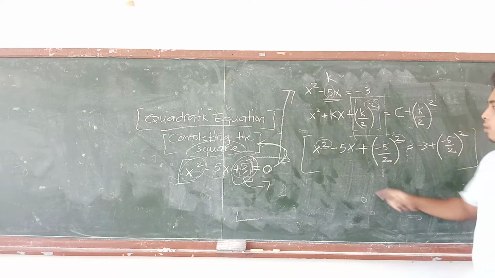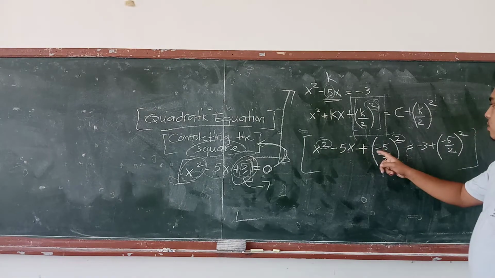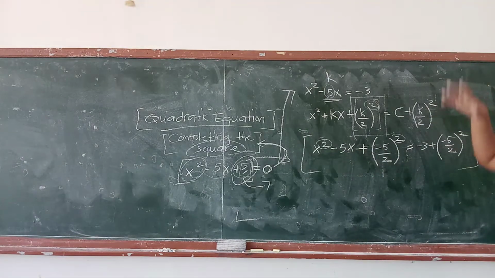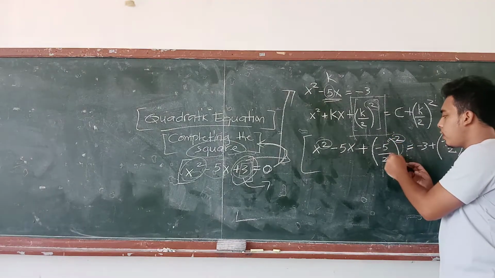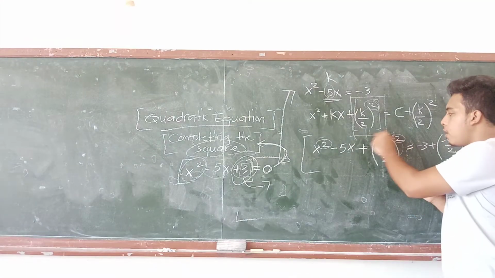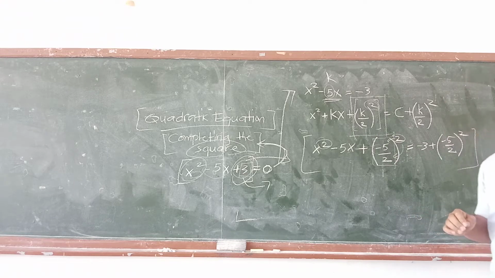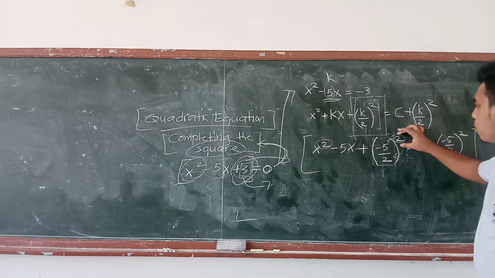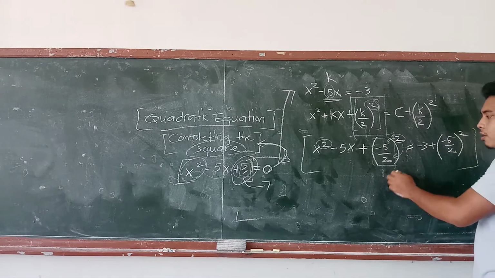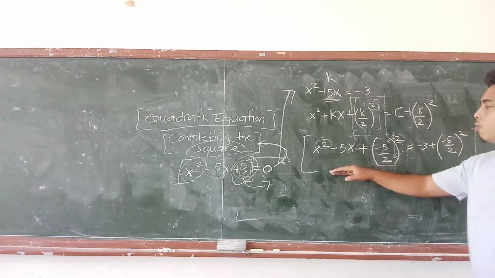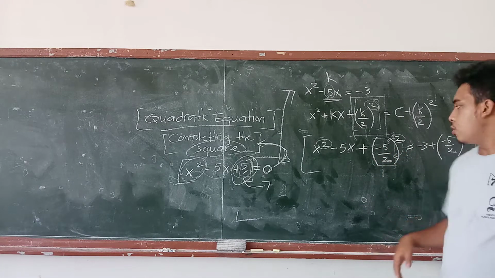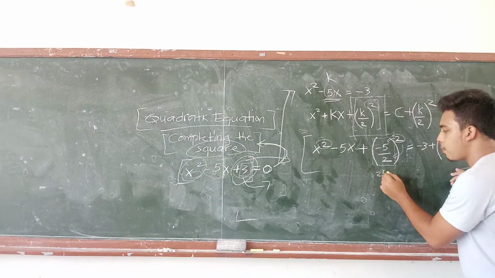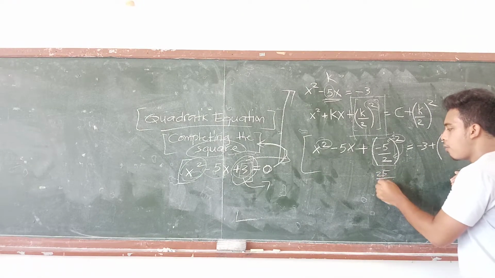X squared minus 5x plus negative 5 over 2 squared. Since wala man nato i-distribute ang squared, we can automatically copy negative 5 over 2. But if imo siyang i-distribute, then the factor of this equation is negative 5 over 2 gyapon. So may mo siyang 25, like for example, may mo siyang 25 over 4.